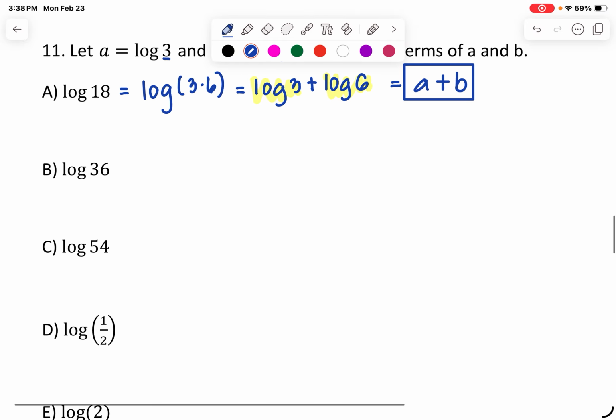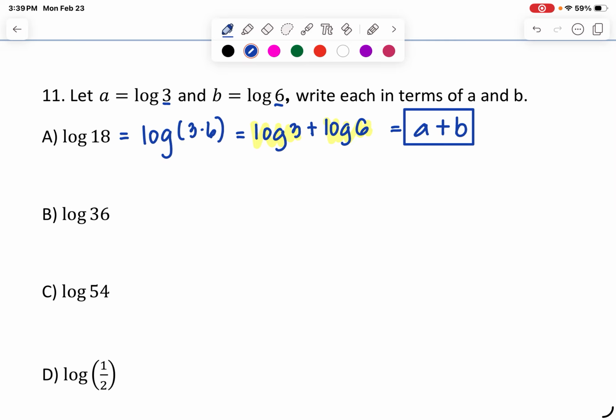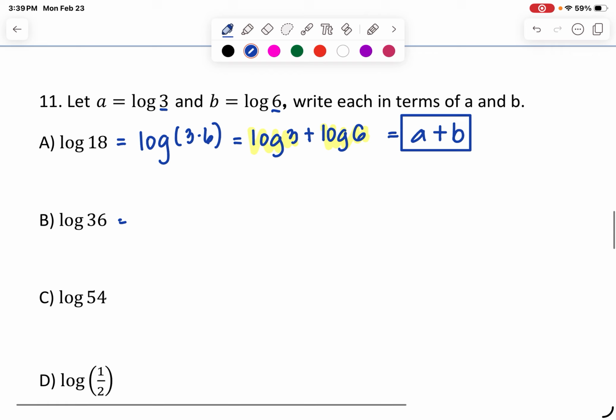All right, next one. How can I use a 3 and or 6 to get a 36? So you can either say 6 times 6 or 6 squared. I think 6 squared is more condensed, I should say. It's not more precise. Okay, so I have common log of 6 squared, and then I can bring that 2 in front as a multiplier.